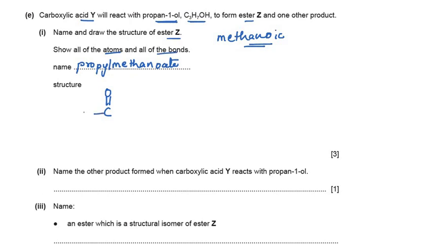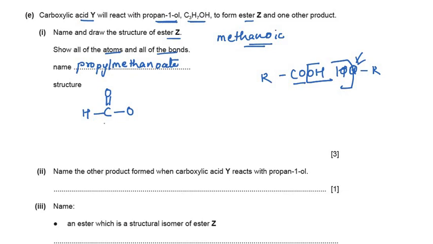So starting with the methanoate part, the COOH part was there, but here out of COOH, OH goes out. Let me explain you here on the side part. COOH and alcohols are presented in general like this. When an ester is formed, the OH from the carboxylic acid, and I should present it like this, and H from the alcohol go off, and then there is a linkage of CO and O from the alcohol and carboxylic acid.